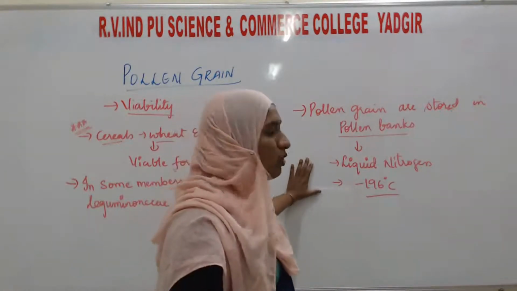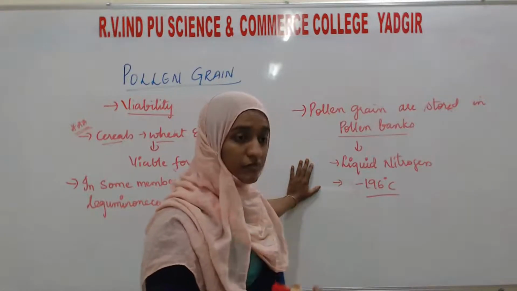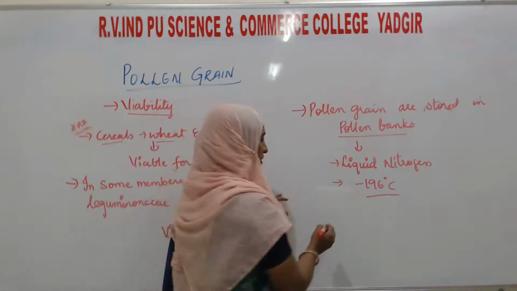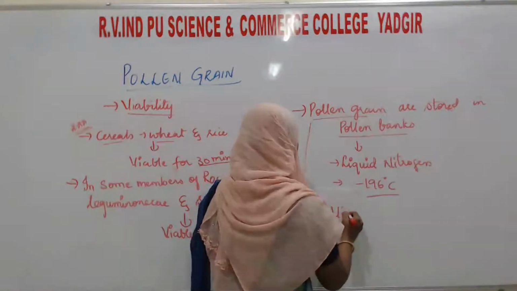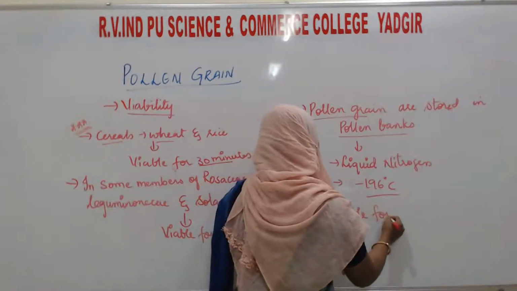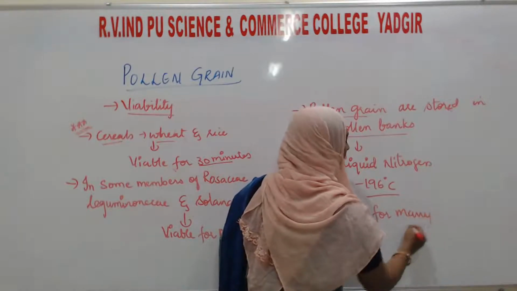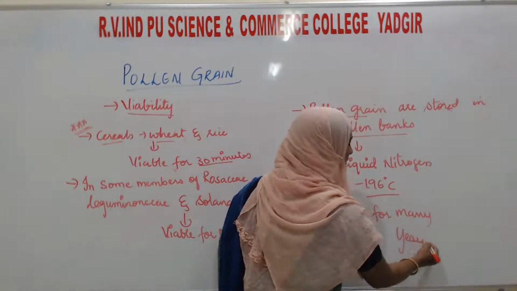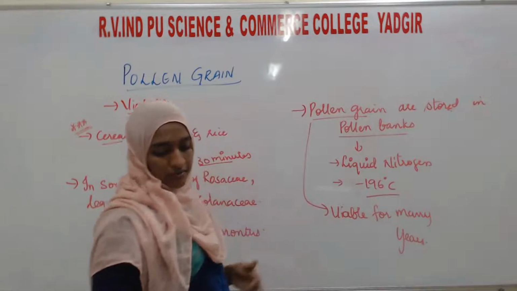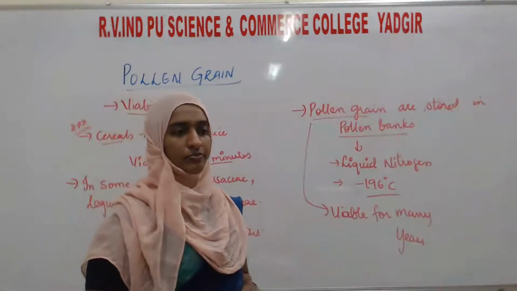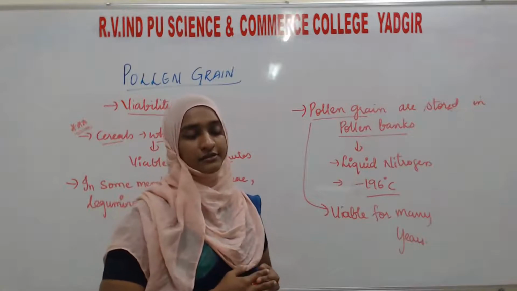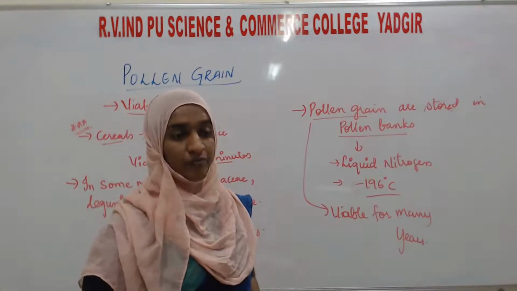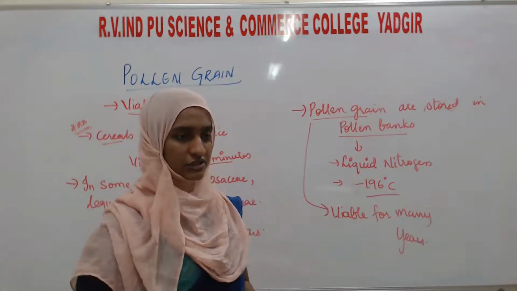If stored in liquid nitrogen at this temperature, the pollen grains will be viable for many years, and they can use them for many years. So this is about the pollen grains. Next we will go for the female reproductive structure.